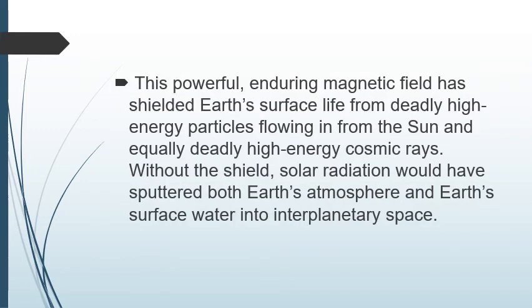This powerful, enduring magnetic field has shielded Earth's surface life from deadly high-energy particles flowing in from the sun and equally deadly high-energy cosmic rays. Without the shield, solar radiation would have sputtered both Earth's atmosphere and Earth's surface water into interplanetary space.